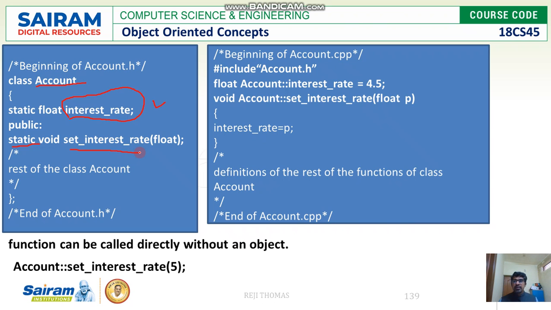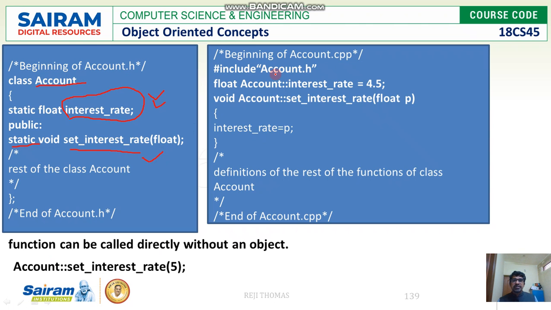So this is my class called account. Now without creating an object of the class account, I can access the two members which are static. One is my static data member, the other one is my static member function, right?